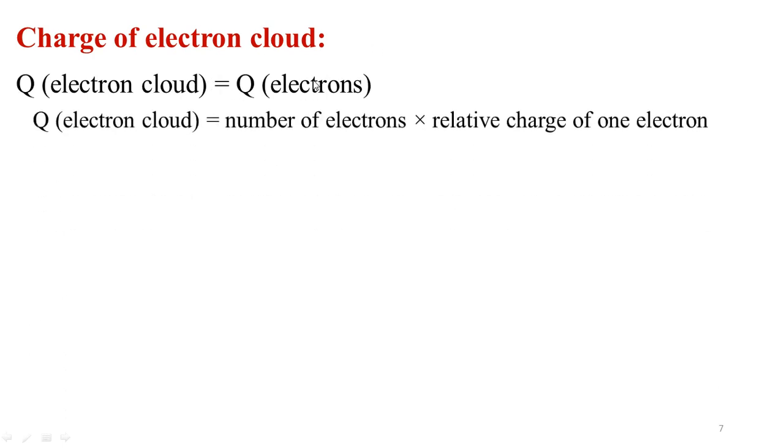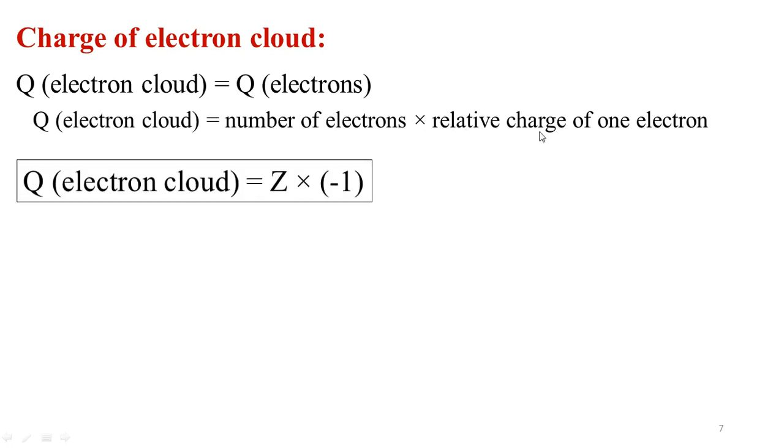Now how to calculate the charge of the electron cloud? The total charge of the electron cloud is equal to the total charge of electrons. So it's equal to the number of electrons inside the electron cloud times the relative charge of one electron.